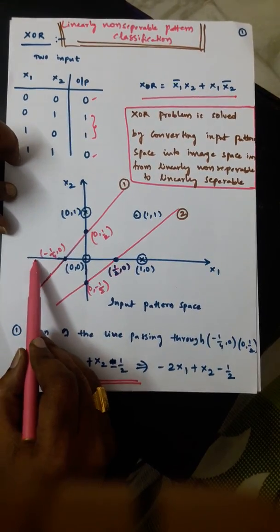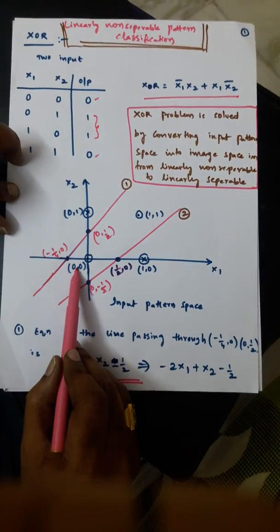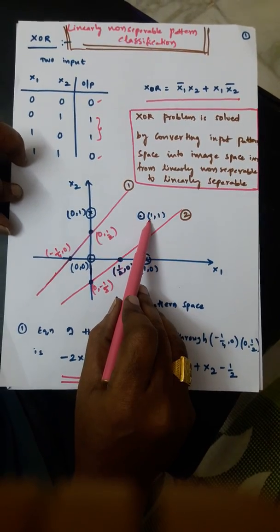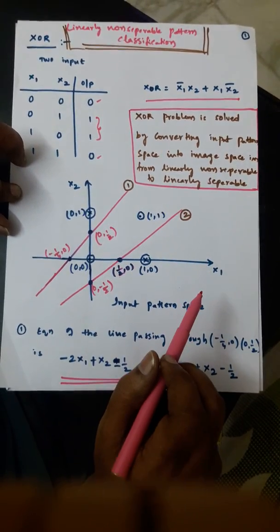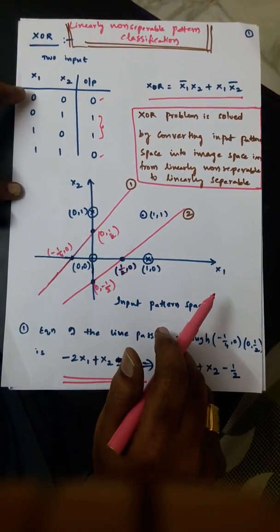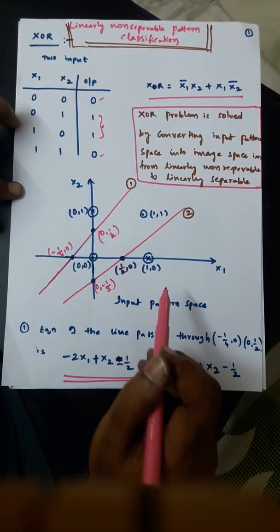See here, this is the x1 axis, this is the x2 axis. I have indicated 0 0, 0 1, 1 0, 1 1 input patterns. You know that 0 0 and 1 1 belong to one class.